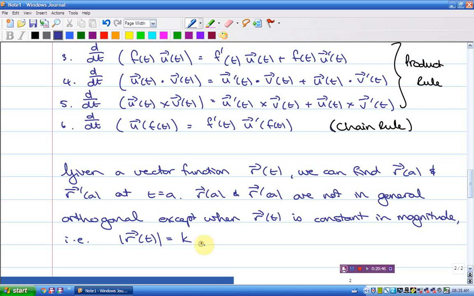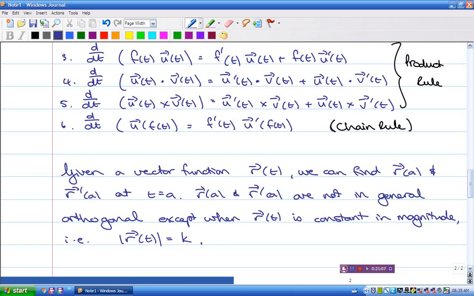Okay, and the quintessential example of that is a circle. Imagine that your space curve is in fact a very boring space curve and it's actually just a circle drawn on the xy plane, centered on the z-axis, a nice circle centered on the origin.